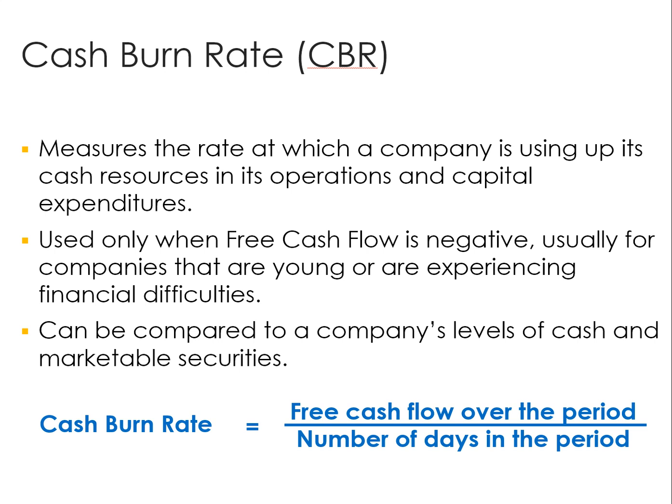Cash burn rate is typically used when the free cash flow is negative. Instead of increasing free cash flow, the company is decreasing it, so we can calculate the cash burn rate. The cash burn rate is calculated as free cash flow over the period, which is negative, divided by the number of days in the period.